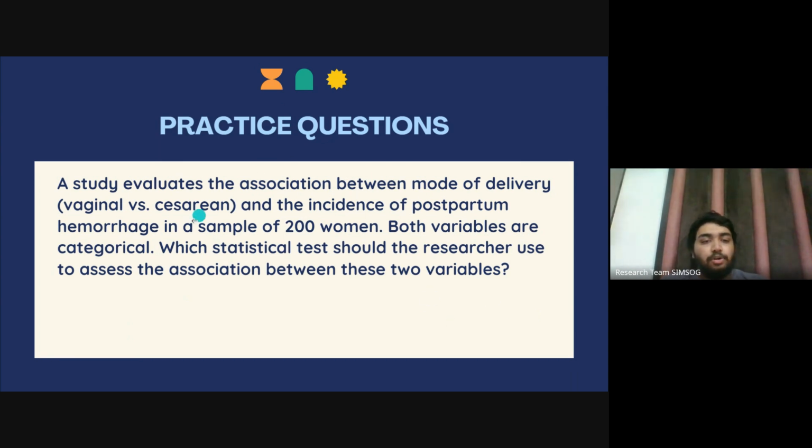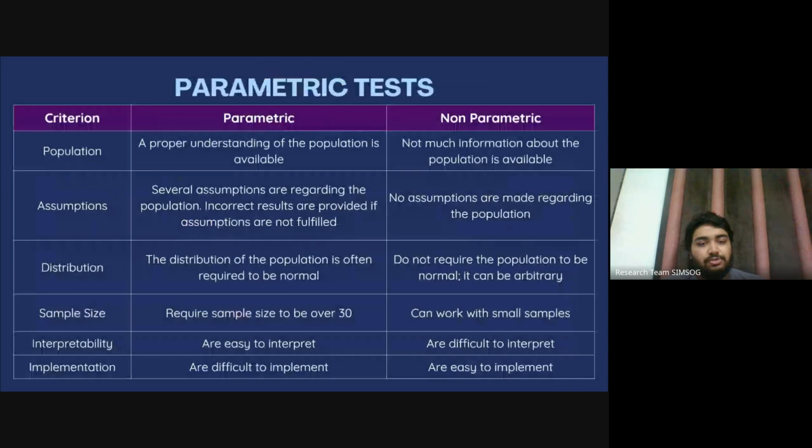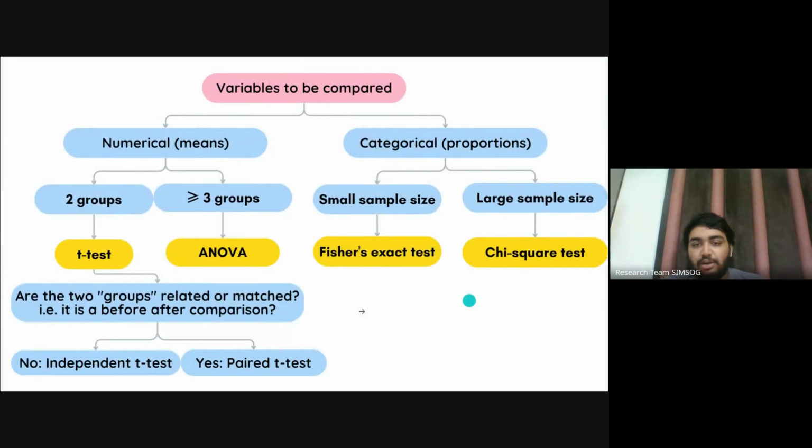Tell me, both are categorical, right? So the right side of the flow chart. Now tell me, what sample size did it tell? 200. 200 is a large sample size. Here the demarcation is 25 or 30. If it's less than 25 or 30, it's small, and more than that is large. So the answer is a chi-square test. Okay.